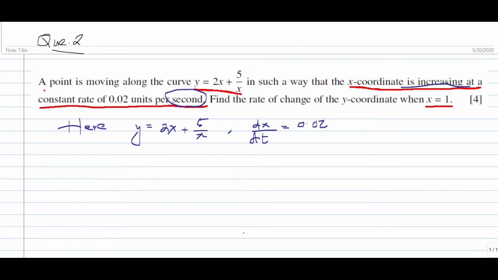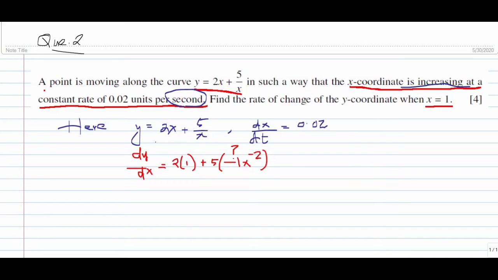Okay, now we require the rate of change of the y coordinate with respect to time. That means we need the answer of dy by dt by using the chain rule. So find the derivative of y, which is dy by dx is equal to 2 of 1 plus 5 of minus 1 x raised to minus 2.